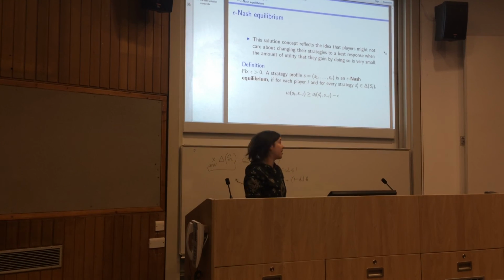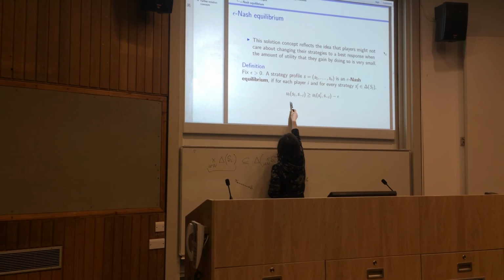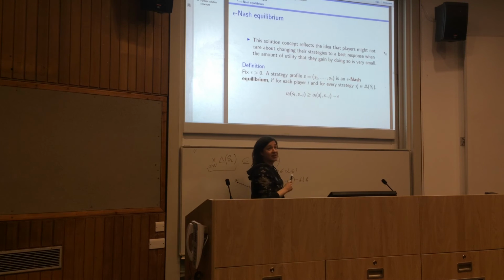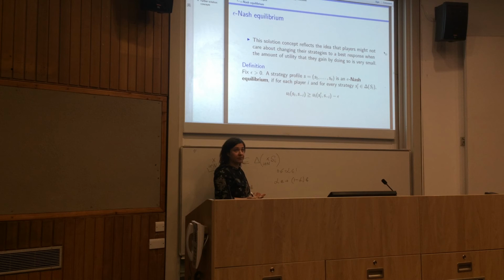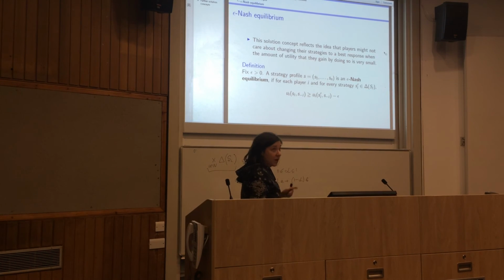Okay, so it could be the case that this value is actually less than that utility, but it's not less than that by more than epsilon. So this is a weaker notion than a Nash equilibrium.